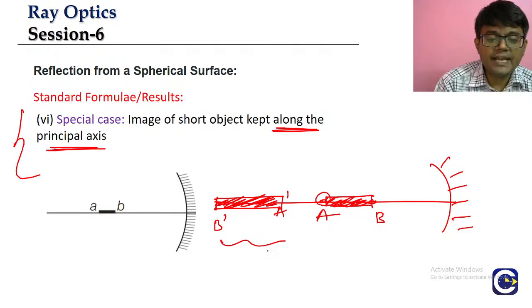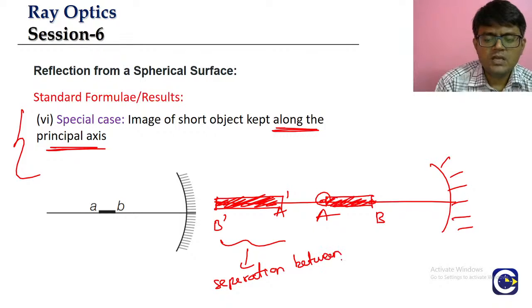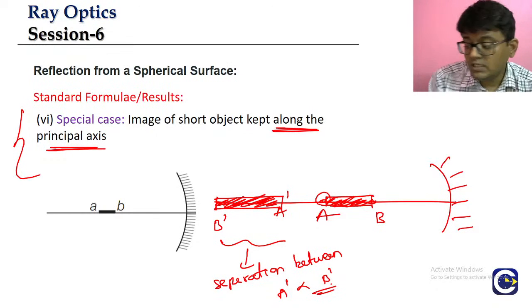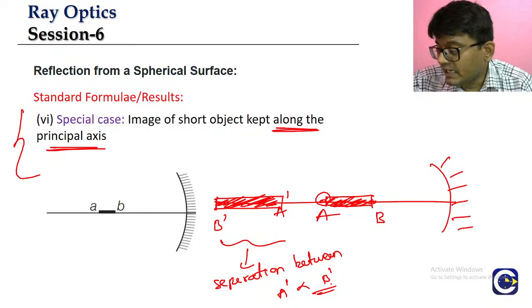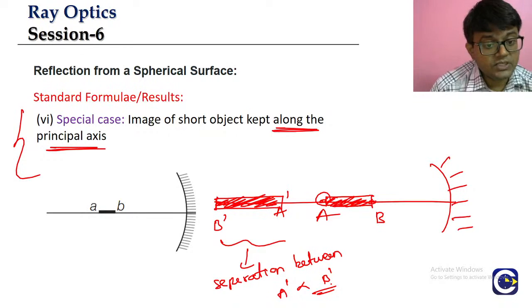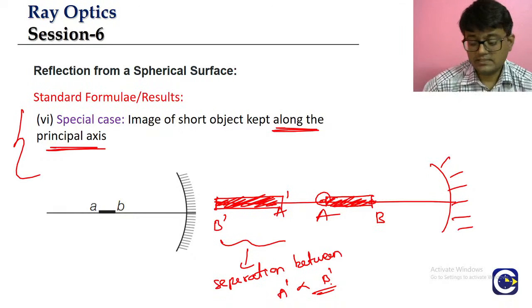Means if you find the separation, the distance or gap between A dash and B dash, that represents the length or size of the image when we are keeping it along the principal axis.